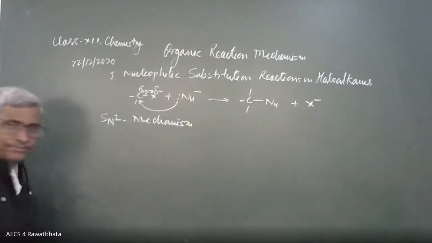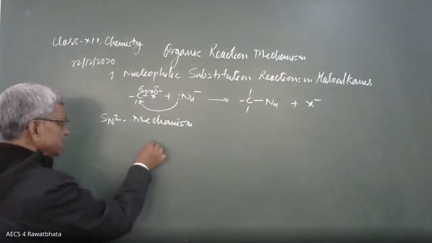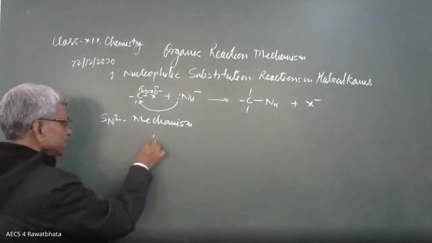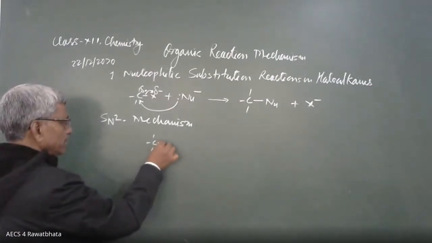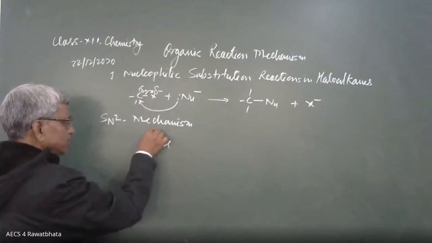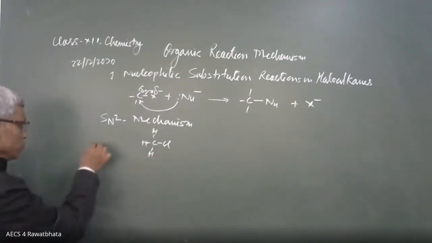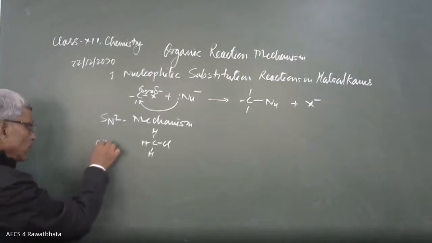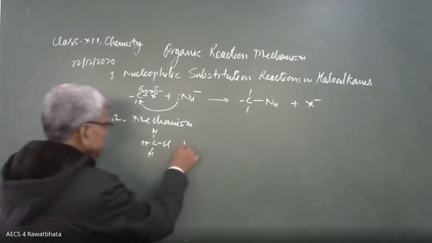As an example, we go for 1 degree. Here is a CH3, here is Cl, here is an H, and the nucleophile is going to attack from the back. Let me write the reaction first, then its mechanism.